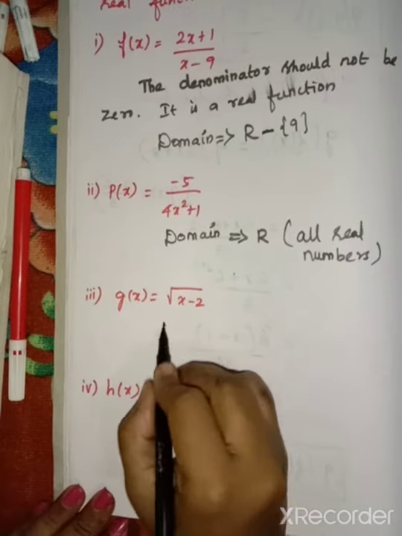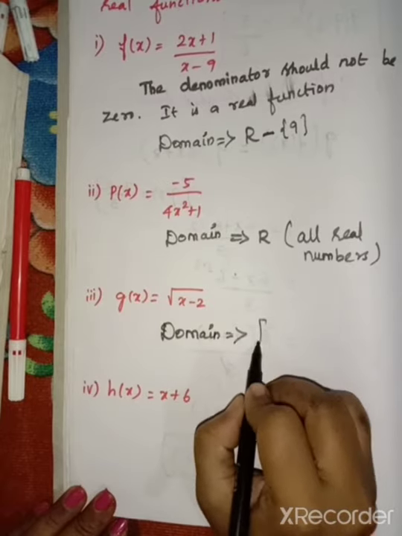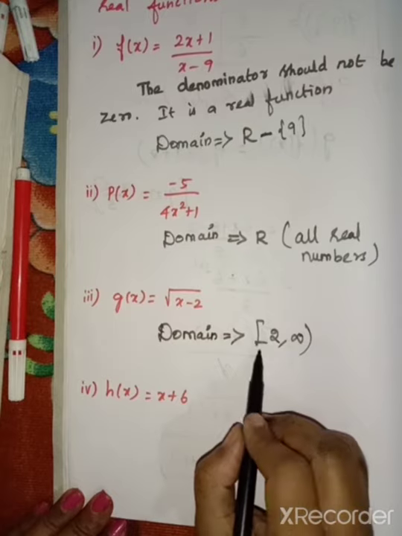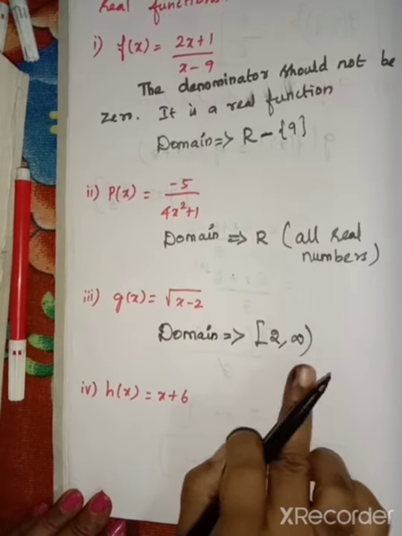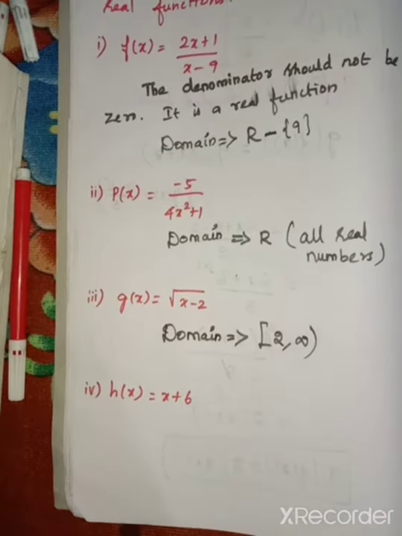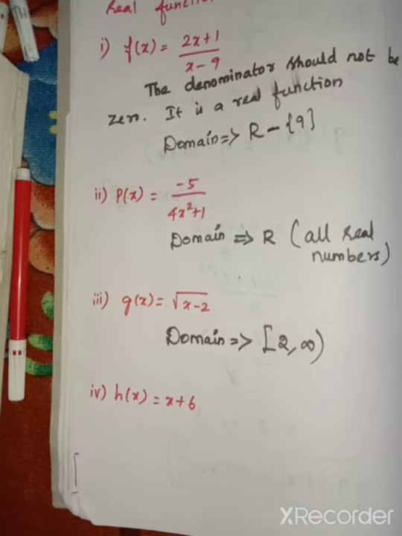So we can write the domain equal to closed bracket 2 comma infinity, that is open. Already I have said closed means up to that. The starting number is 2, the ending number we don't know, so alone I have used the curved bracket. Then the fourth one, h of x equal to x plus 6.